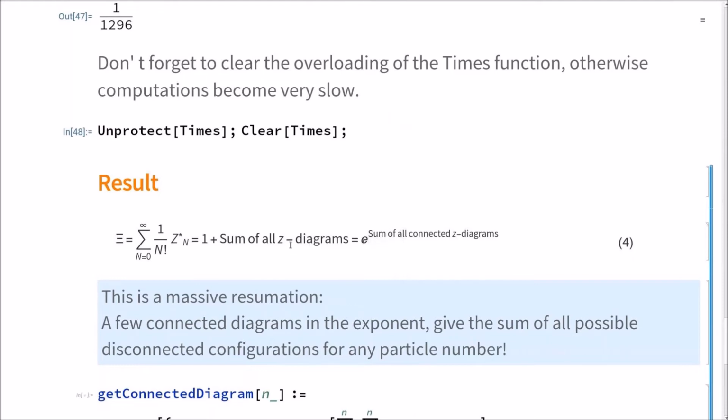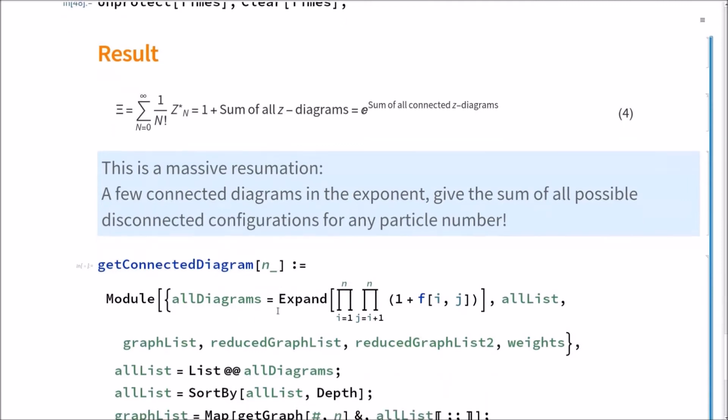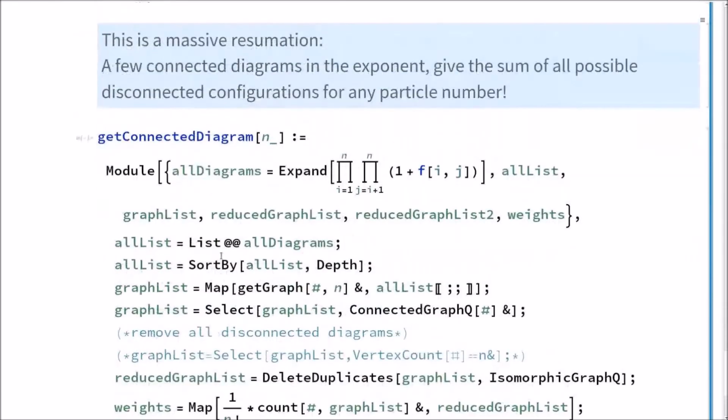And so we indeed make an approximation to the calculation of this quantity to infinite order. This is quite a massive resolution and a very nice computational result.